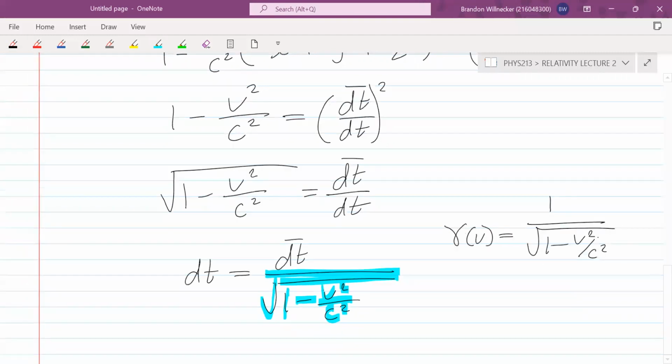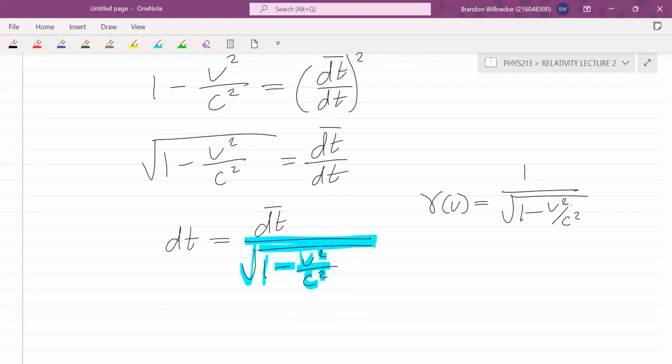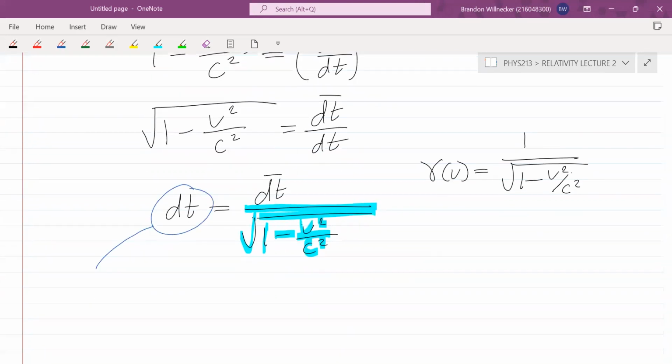So we see that on the left-hand side, we've got dt, which is my dt. Remember, I'm the one moving here. So this represents a change in time. More specifically, we can imagine that this is the time interval between clock ticks. So it's like, how do we measure time? It goes tick, tock, tick, tock.